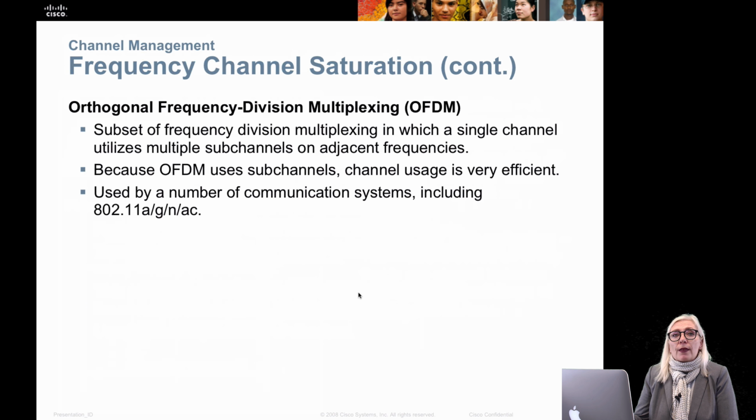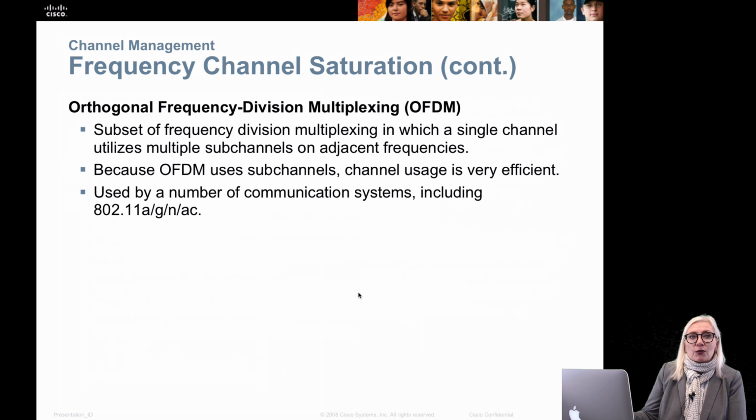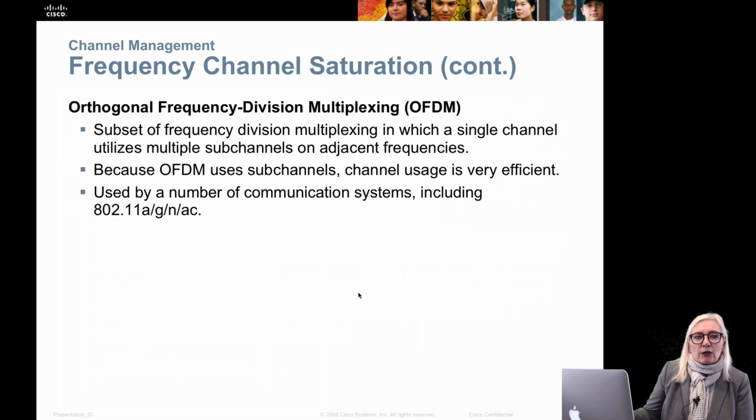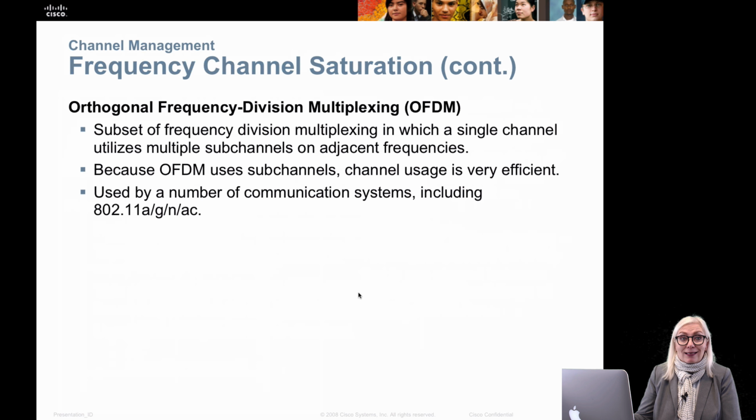And then we have the one that we are using today, which is orthogonal frequency division multiplexing, where we multiplex in a single channel and use multiple subchannels on adjacent frequencies. So this way of modulating the data on the wireless networks is used by 802.11a, g, and ac.